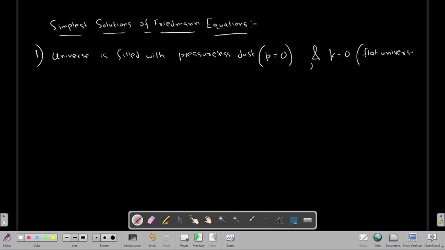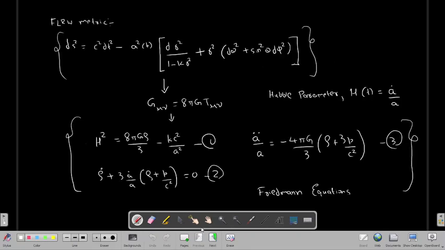So this is the case with me, and I have to solve the Friedman equations for this simple case. You can see that in equation number 2 there is P, and I have to take the pressure P equal to 0. So instead of this P, I will take 0.